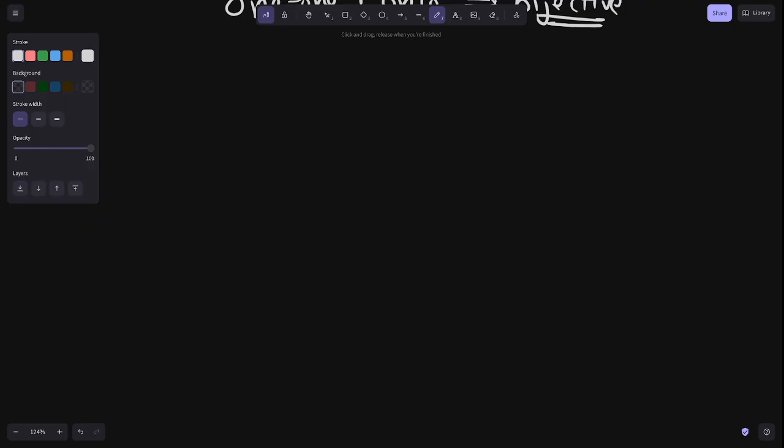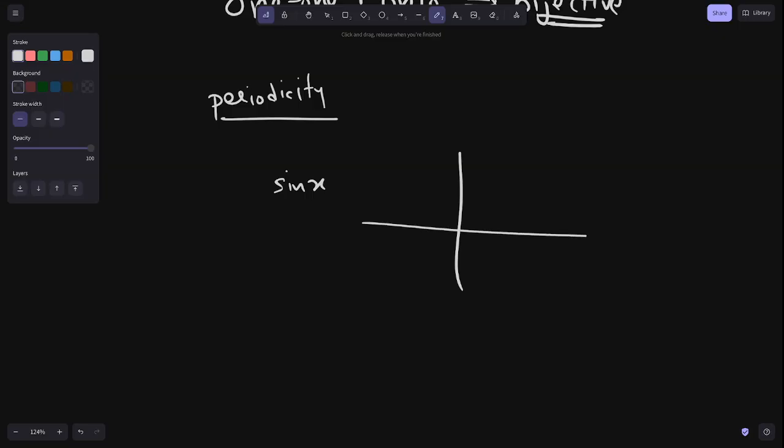And let's talk about one more thing that is called periodicity as well. So what is periodicity? A function that repeats after some time, right? For example, sine x. So let's draw the graph of sine x, I guess. This is not a good drawing, but please adjust.